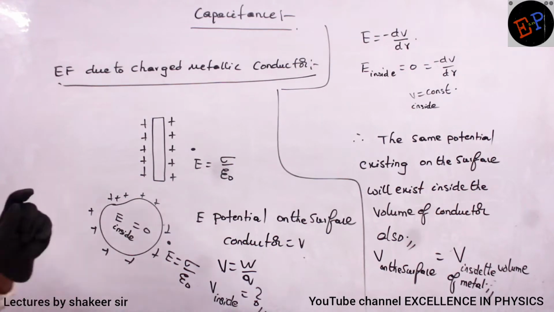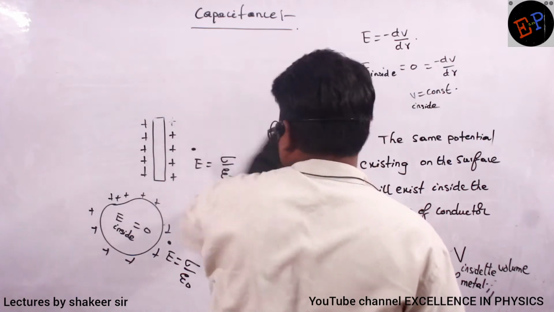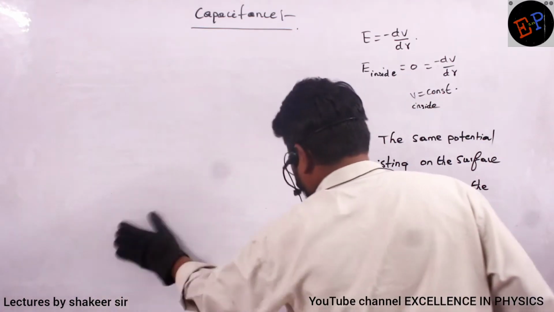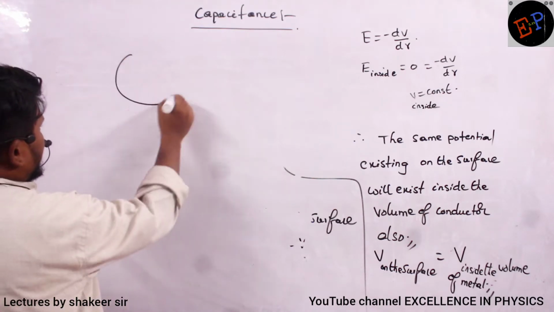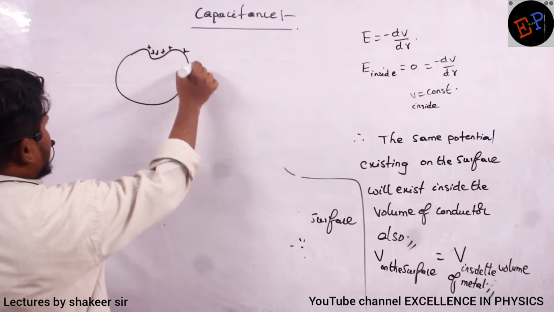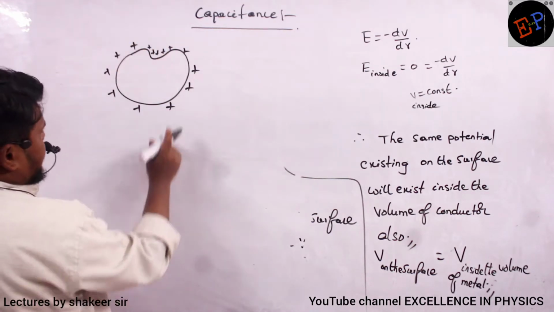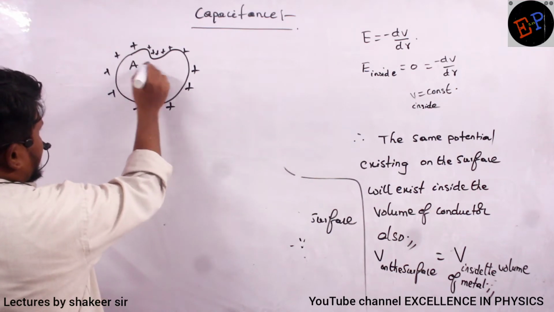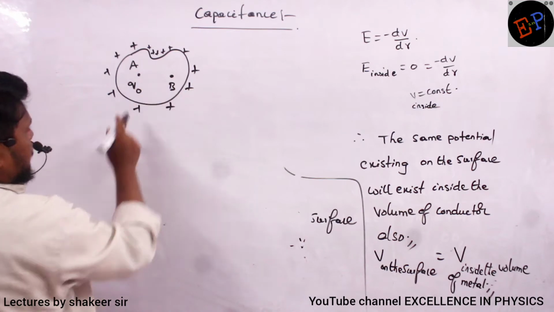Similarly, if I give you one question, try to answer this question. See, consider this is a charged metal conductor. So this is point A and this is point B. Here there is a test charge Q0.